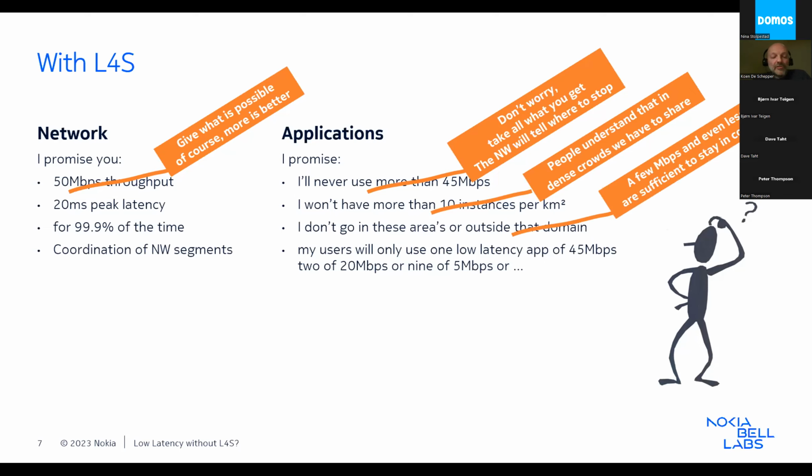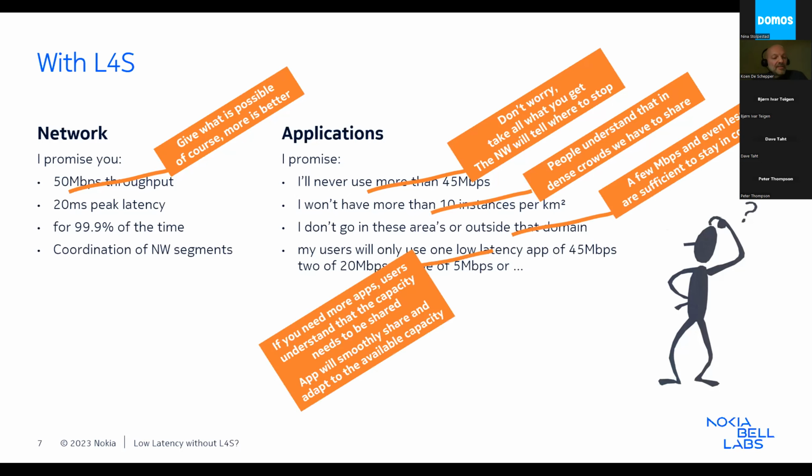The same for rural or distant places. A few megabits per second and even less are surprisingly sufficient for staying remotely in control. And again, with LFRS, there is no need for a low throughput to have any impact on latency. And if users need more apps, they understand that the capacity needs to be shared.